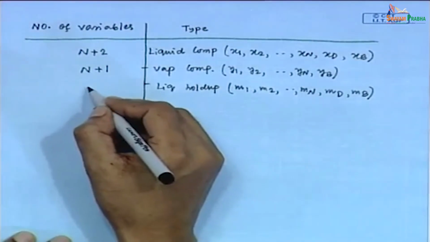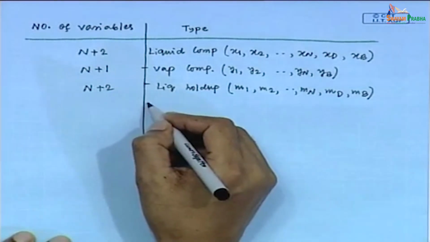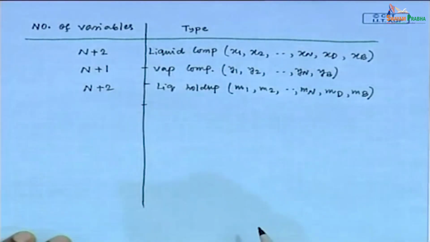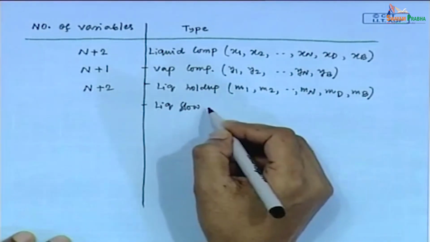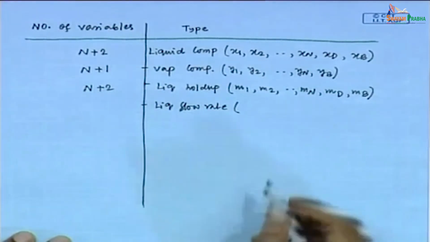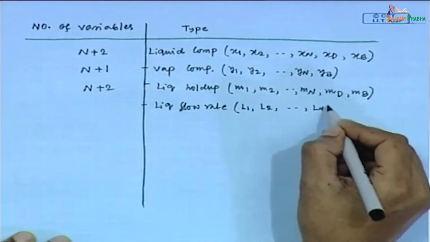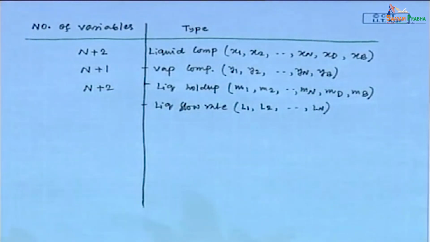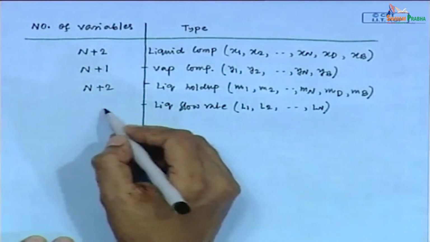So, total number is n plus 2. Next one is liquid flow rates. How many liquid flow rates are involved? L1, L2, up to Ln. Fine, we are not including the flow rates of top and bottom products. We will consider those separately. So, total number of liquid flow rates N.